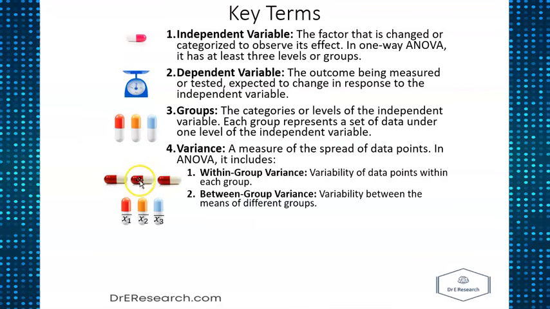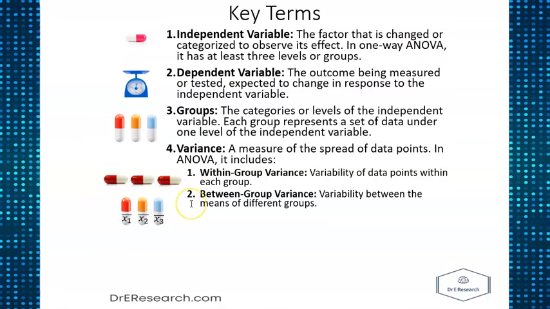How much does the outcome measure vary? Say we're measuring weight, let's say weight loss, that's probably more logical. They all got the red pill. In the red pill group, how much does the weight loss vary within the red pill group? That would be the within group variance, and there would be within group variance in the other groups as well.